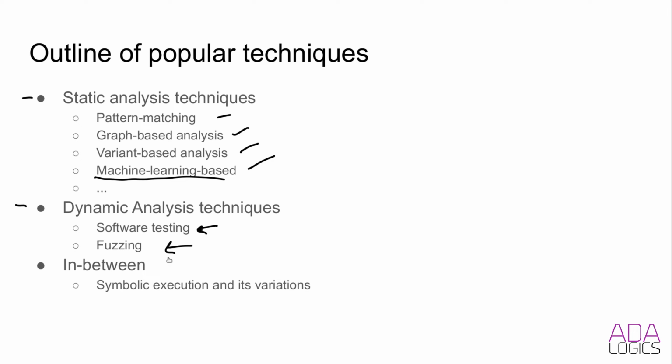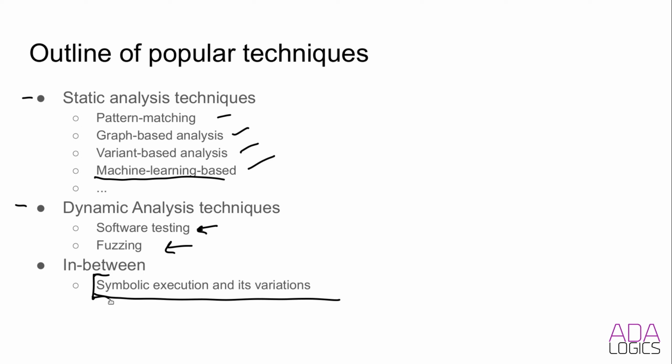Now, there are some techniques that are kind of in between, and symbolic execution and its various variations is somewhat in between static and dynamic analysis. It often tries to leverage a little bit from both worlds, especially when you get into techniques like concolic execution. The main point in symbolic execution is to reason about a program by performing an execution of the target in a symbolic way.